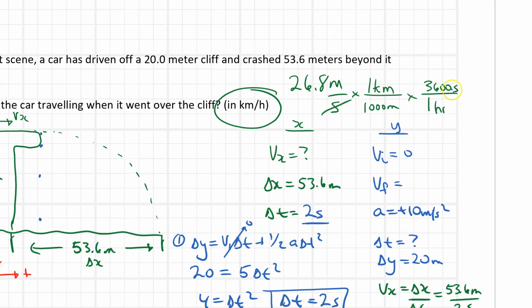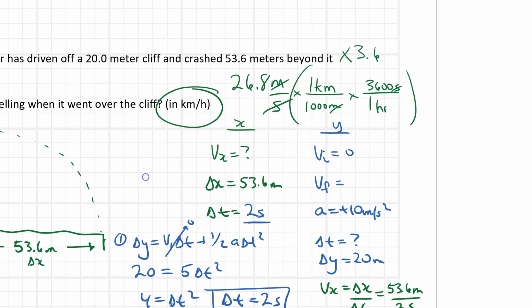So my seconds cancel out, my meters cancel out, and so what happens is you multiply by 3,600 and you divide by 1,000, which is really the same thing. This whole thing is just the same as saying multiply by 3.6, and when I do that I get 96.5 kilometers per hour.